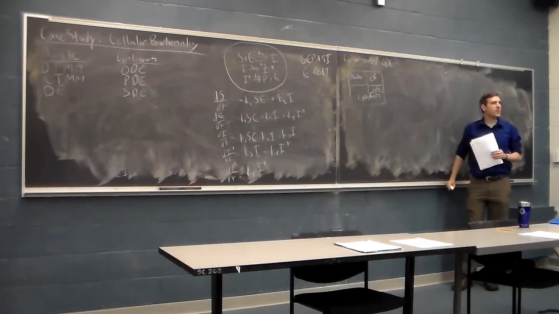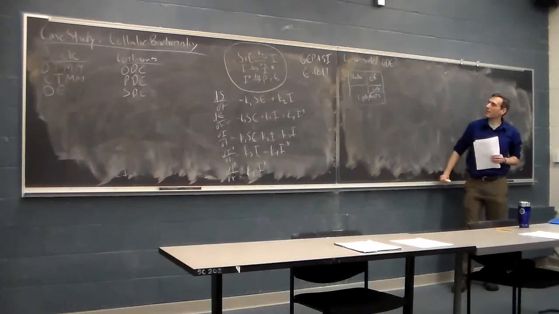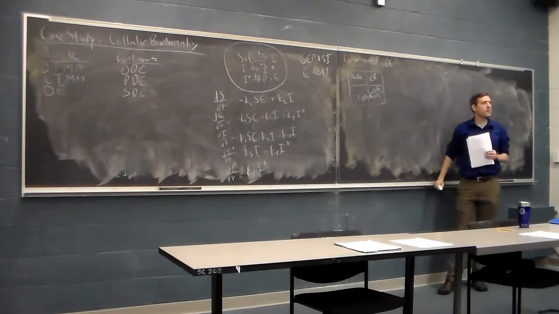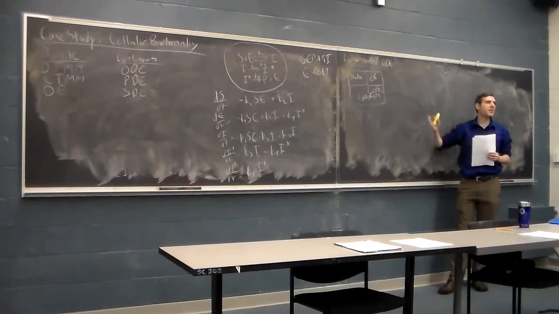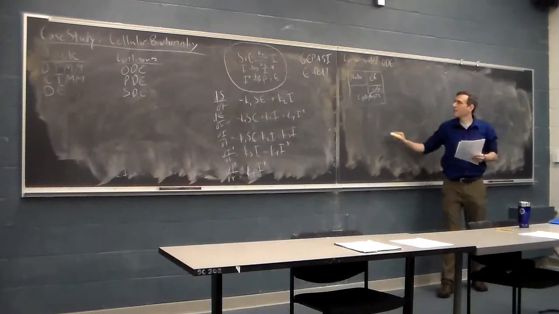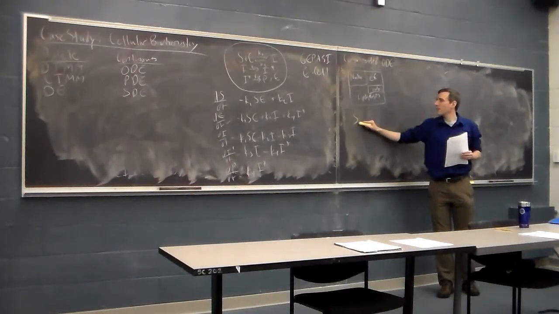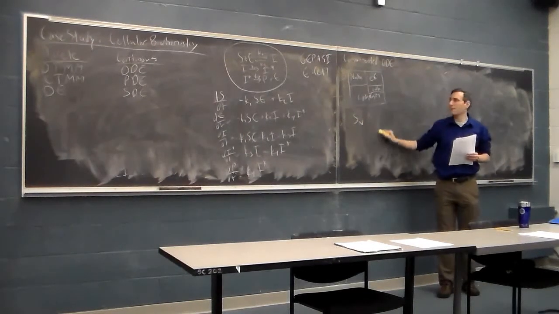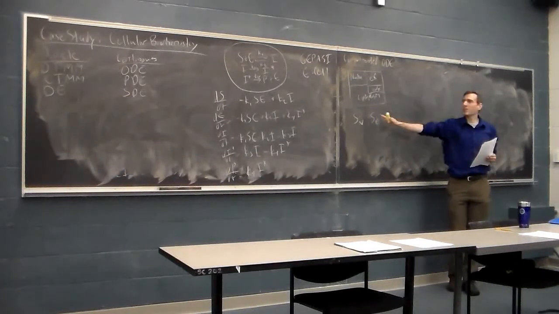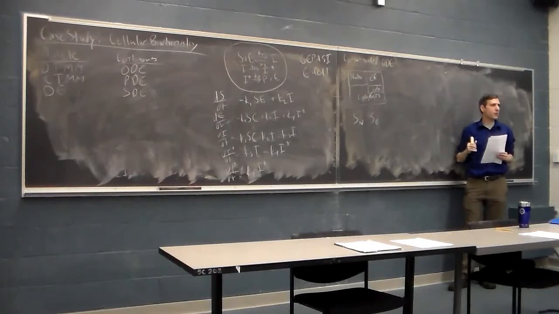So the simplest thing we need to do to turn an ODE model into a compartmented ODE model is basically just pretend that each of our reactants is a different chemical in a sense, if it's in a different compartment. So we could say that substrate in the nucleus we'll call S sub N, and substrate in the ER we'll call S sub E, and we just pretend that these are two different chemicals.